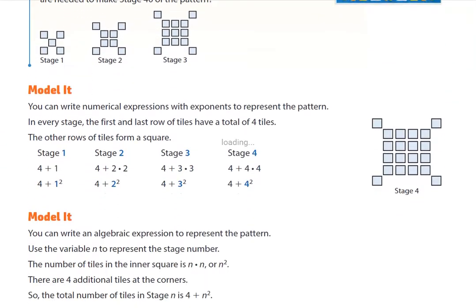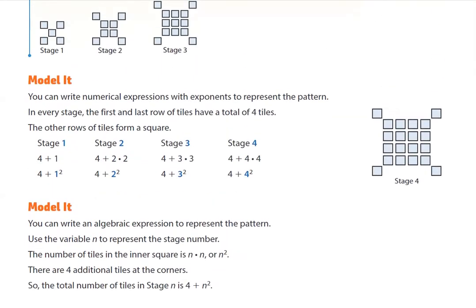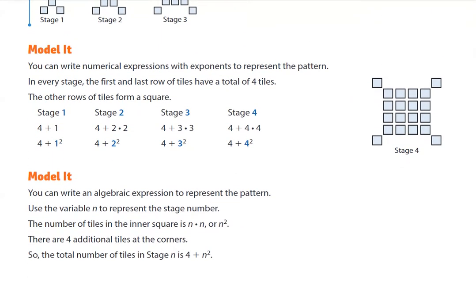Alright, down here, let's see what it wanted us to do. In the model-it, the first model, there's 2 model-its. In the first model, it says you can write numerical expressions with exponents to represent the pattern. So what they've done here is, the 1 by 1 is 1 squared, but instead of doing the 2 by 2, you could write that as 2 squared.